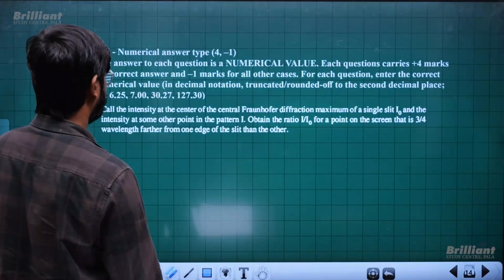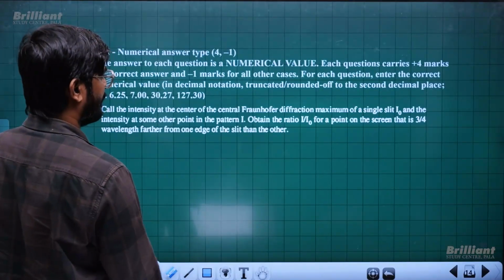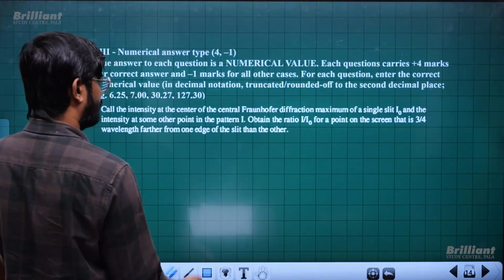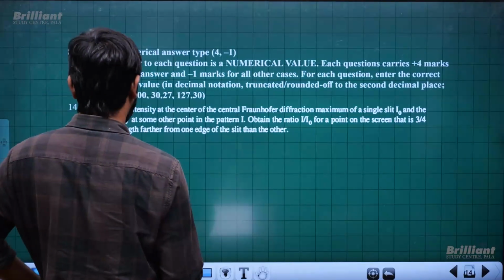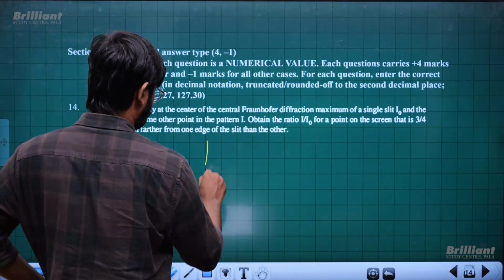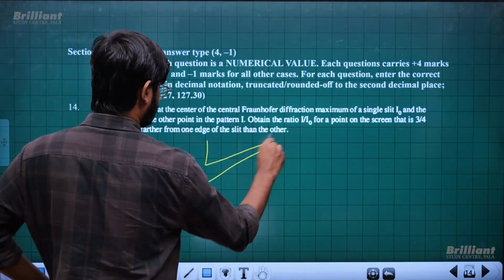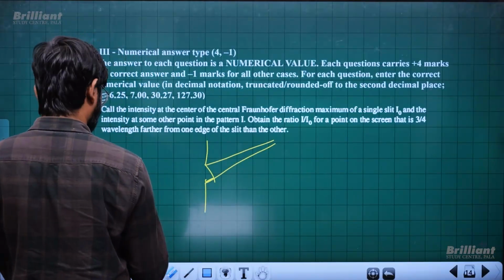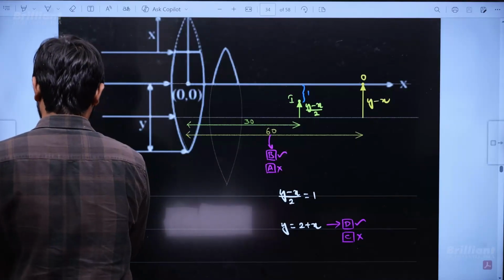Intensity at the center was given, and the I by I naught value at a point on the screen that is 3/4 wavelength farther from one edge than the other. If you talk about a single slit, they were telling this is 3/4 lambda, a sin theta is 3/4 lambda.